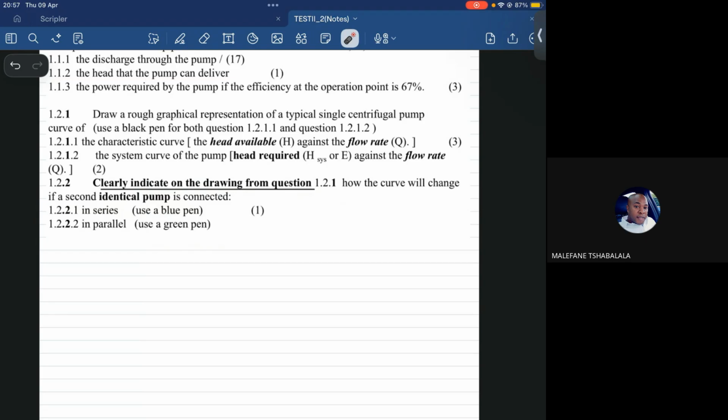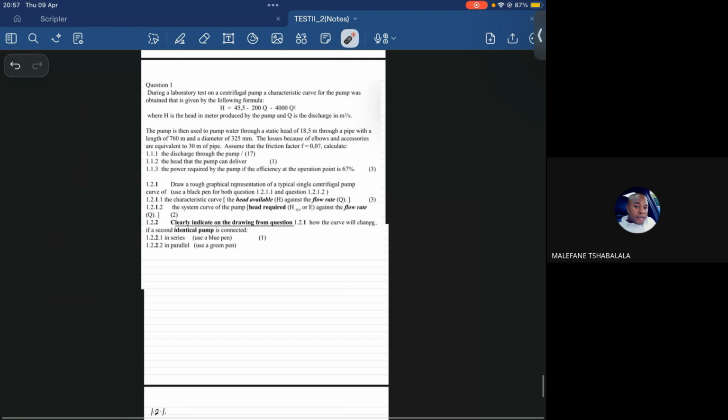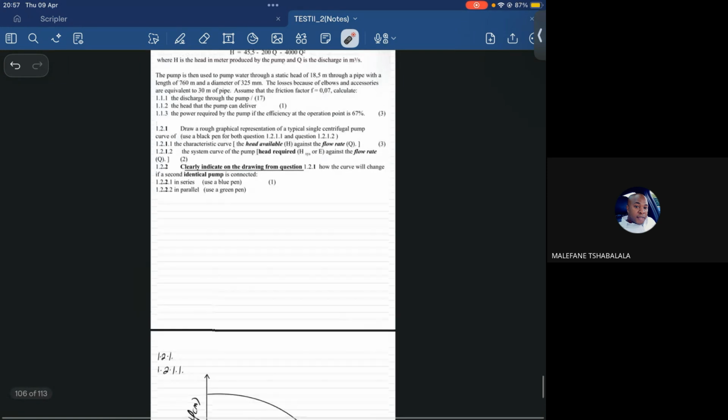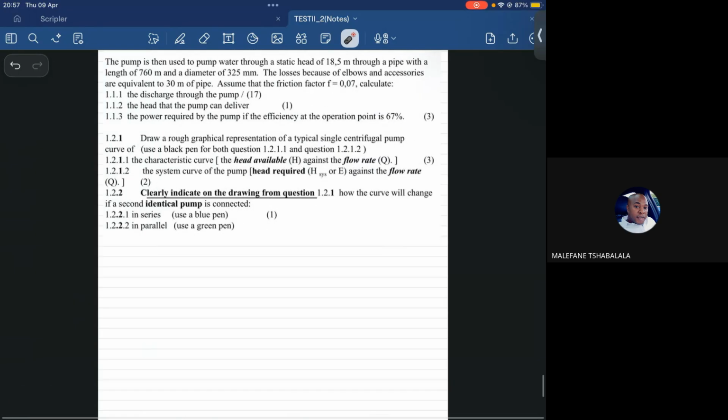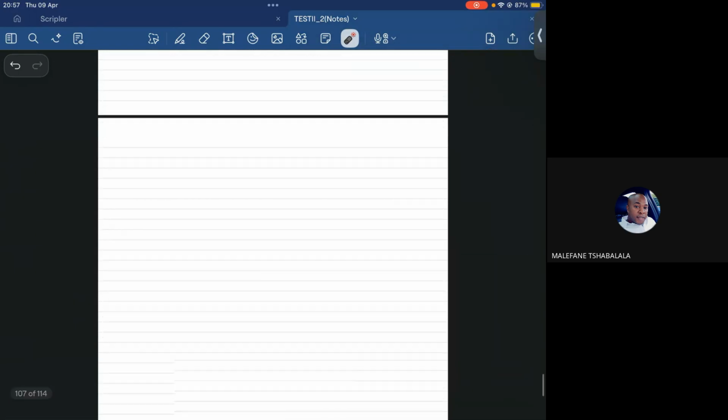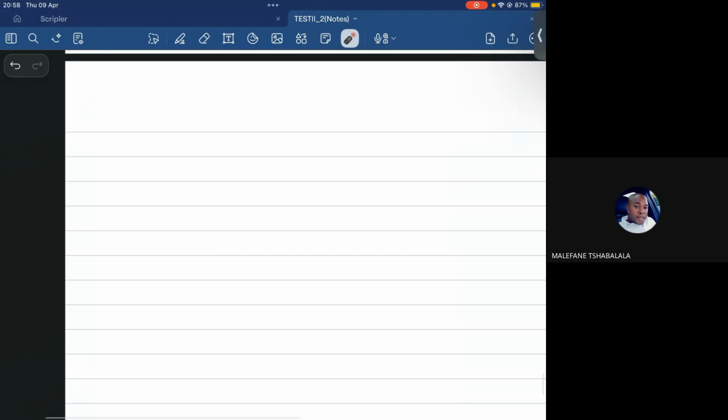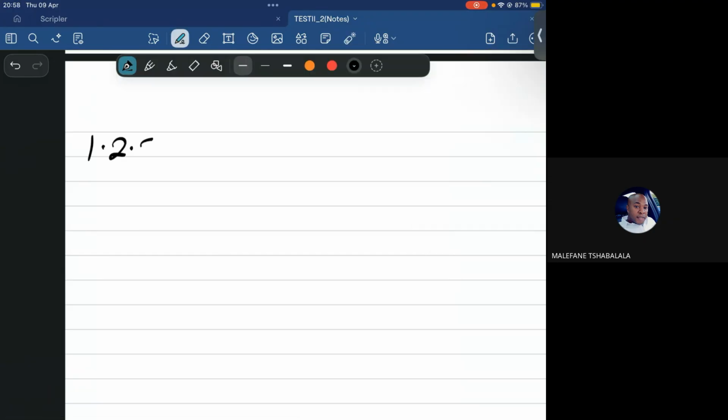So okay, for question 1.2.1, if we combine the characteristic curve and the system curve, and the second identical pump is being added into the system, and these two pumps now are connected in series, our graph will look like this. So this is question 1.2.2.